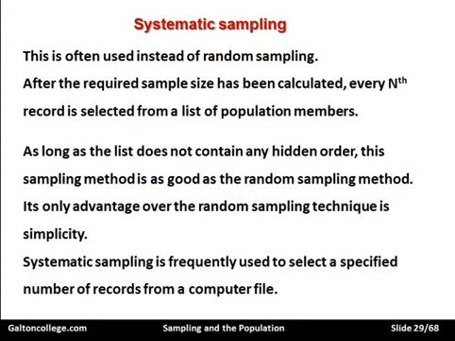So random sampling is like drawing balls out of a bag. Each ball in the bag has an equal chance of being selected, providing that each ball feels the same, has the same physical characteristics. If the person selecting can't see into the bag, they put their hand in the bag, each ball has the same probability of being selected. That's random sampling. With a computer, it follows a rule, it follows an algorithm, and therefore it's not truly random.